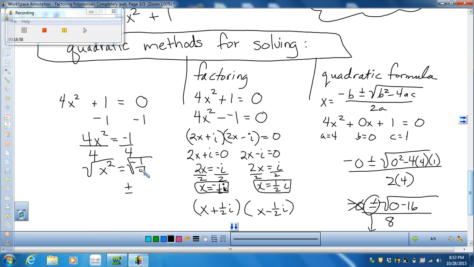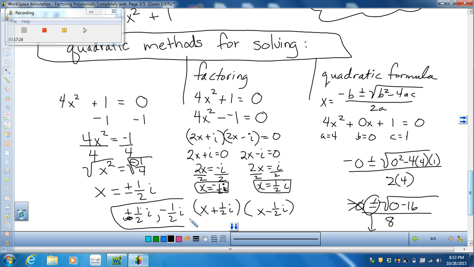So the square root of 1/4 is 1/2. To take care of the negative, I have to put this little i here, and so you can see that we end up with our two solutions again. Positive or negative 1/2 i. So positive 1/2 i and negative 1/2 i.